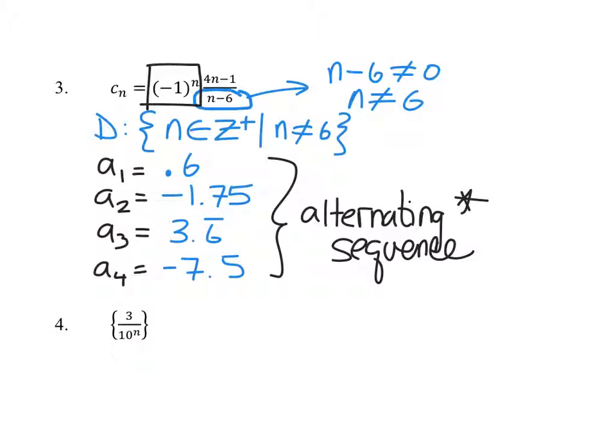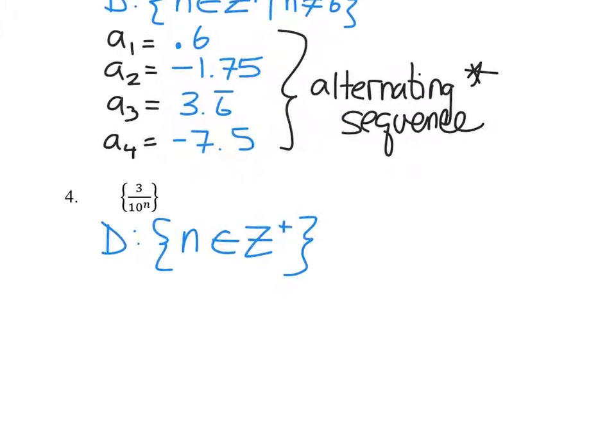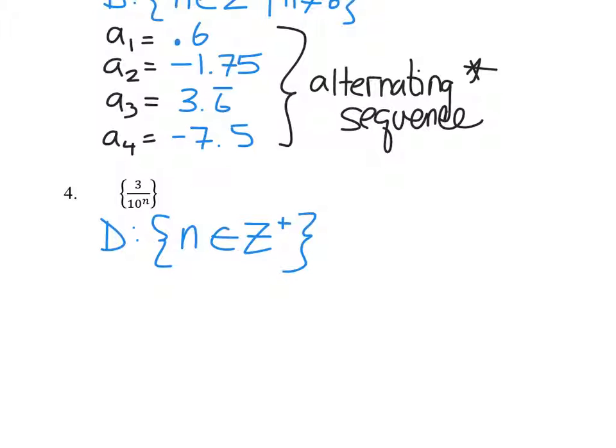So for number 4, domain, very easy. There's no bad value for n here, right? So n would belong to the set of positive integers. And then the first 4 values, a sub 1, 2, 3, and 4.